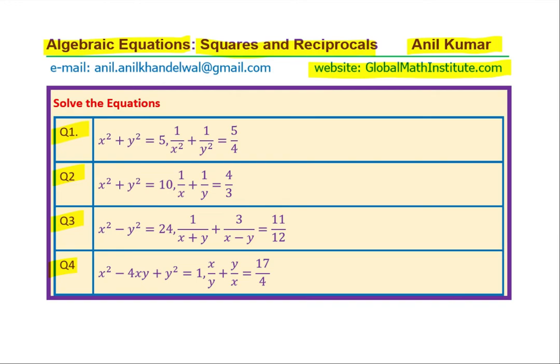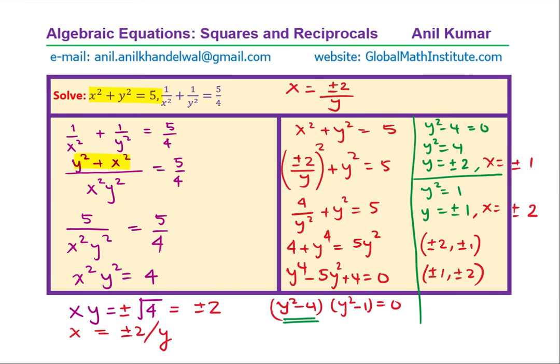I would like you to pause the video and then answer this particular problem. Now, the solution to question number 1 was something like this, right? So we basically found the common denominator, x squared y squared, and the x squared y squared term was known to us. A similar approach will be taken in solving question number 4.